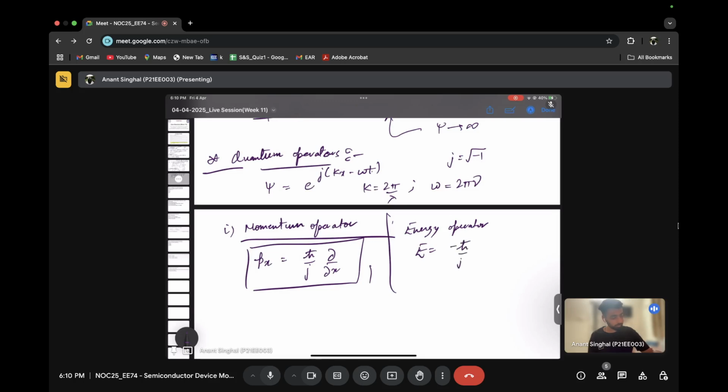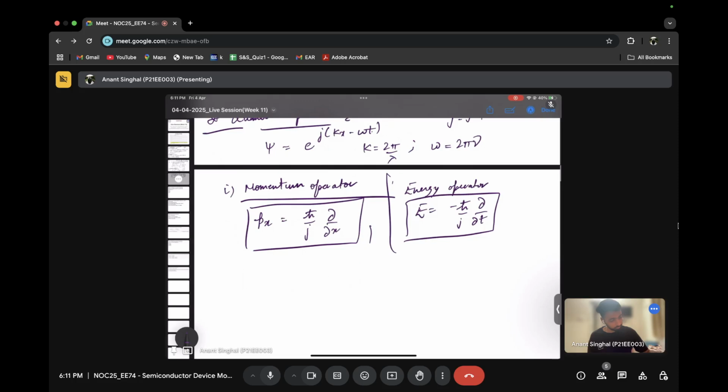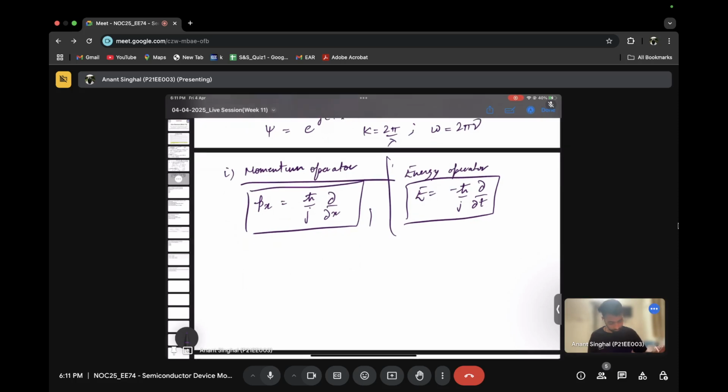So it is minus h cross by j, d by dt, where t is the time here. Or there is another expression to this. If you multiply it by psi on both sides, it is nothing but d psi by dt. So this is a way to solve.